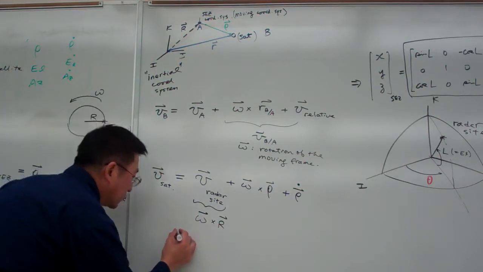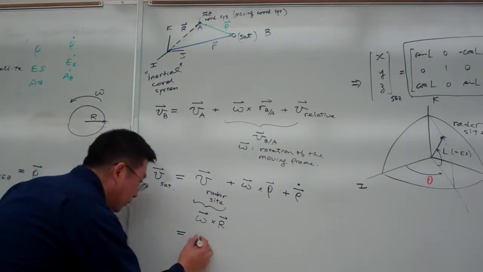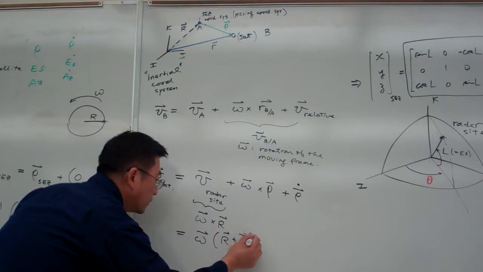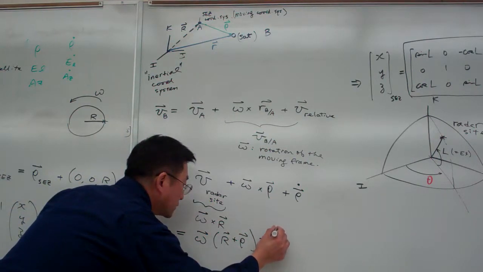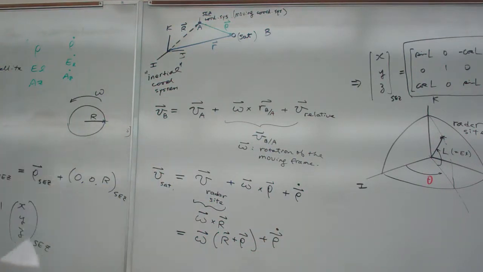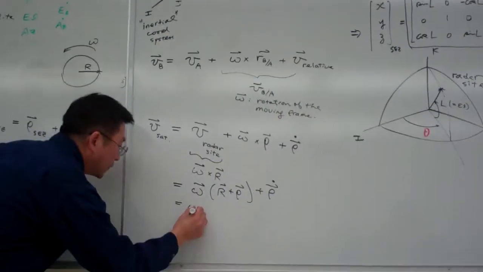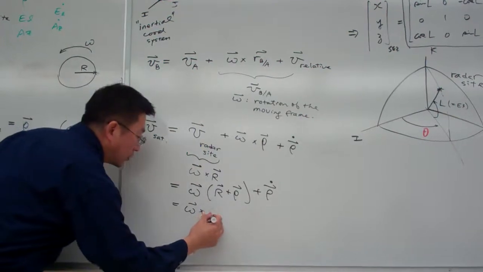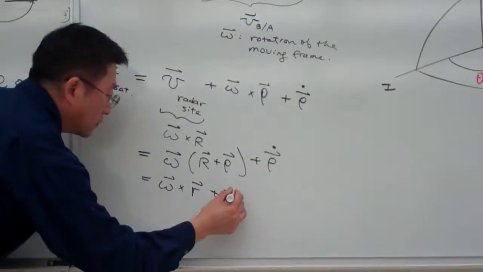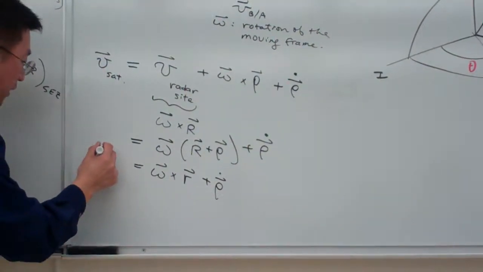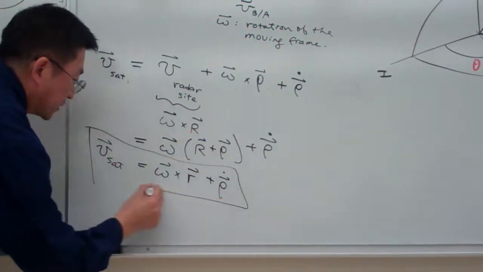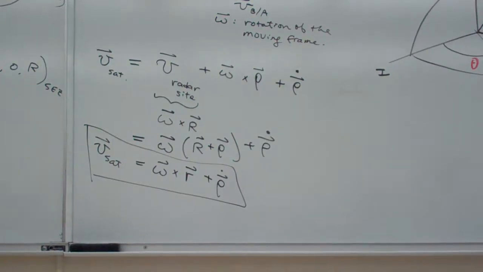Therefore, here we can rewrite everything as omega and r plus rho, and plus rho dot. Okay, r plus rho, I can rewrite as omega times r plus rho, which is our capital R here. So the velocity of the satellite, we can get using these equations. That is simple enough.